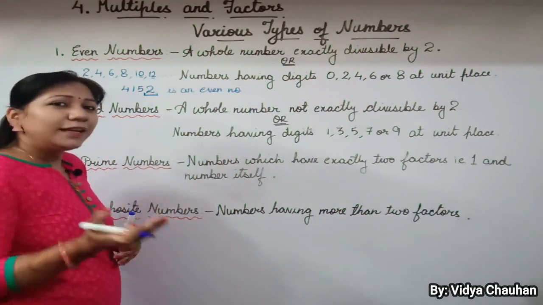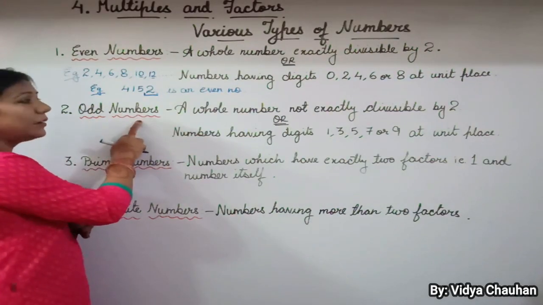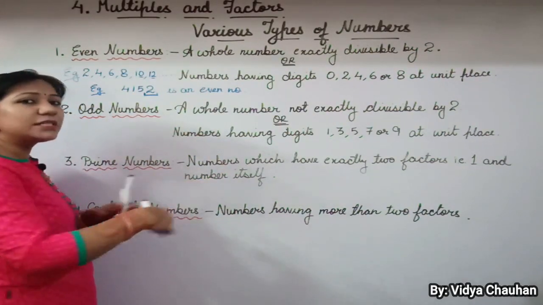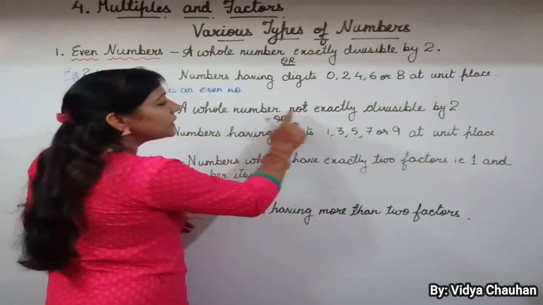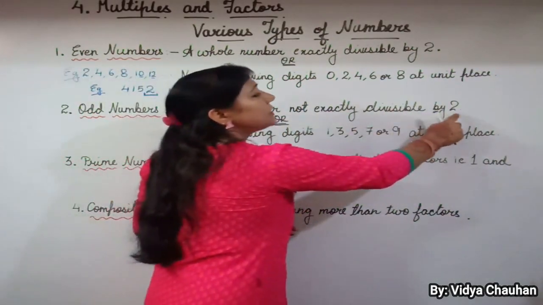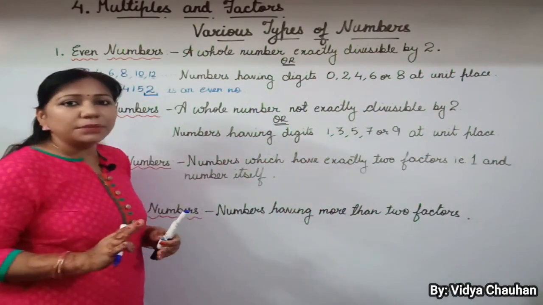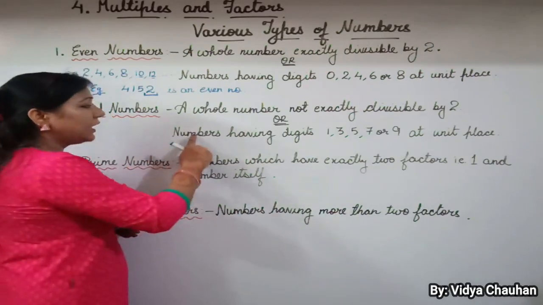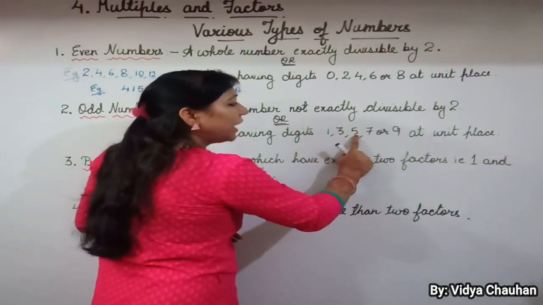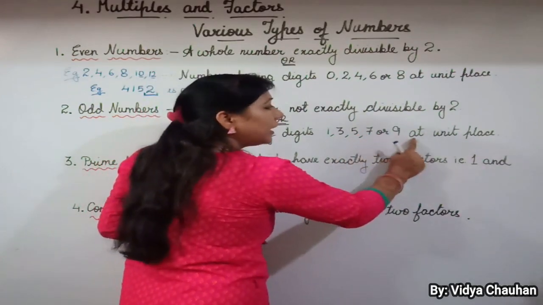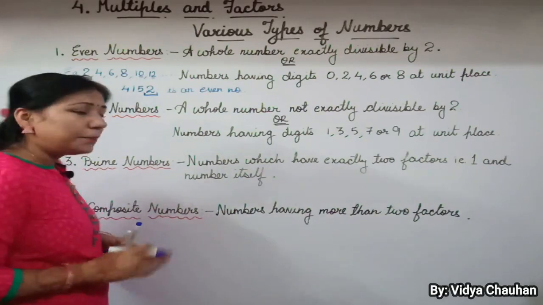Clear, students? Now coming to the second part, the second type of number is odd numbers. So what are odd numbers? Just the opposite of even numbers. Odd numbers are the whole numbers not exactly divisible by 2. So those numbers which are not divisible by 2, at the same time, are numbers having digit 1, 3, 5, 7 or 9 at the unit place.